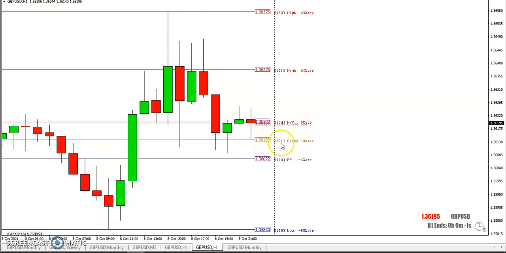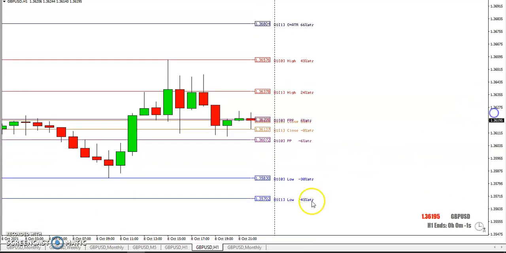The previous day's close was at 0%, because once again, usually open and close are about the same, so it's right there at the open. The pivot point was only 6%. Today's low was 30% of the ATR from the open, and yesterday's was 43. So you can use these as some targets.